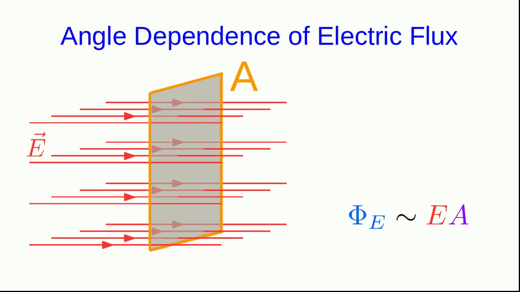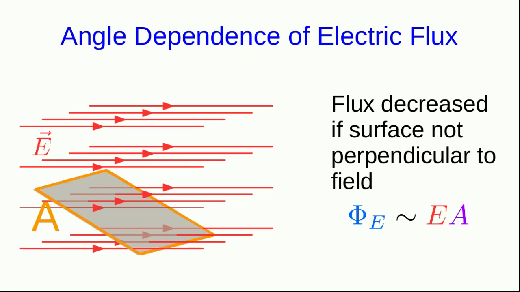But clearly, for a given field strength and a given area, the largest flux occurs when the surface is perpendicular to the field. If we just take that same area and tip it from that, clearly fewer lines pass through the surface, and so we see that the flux is reduced if the surface is not perpendicular to the field.